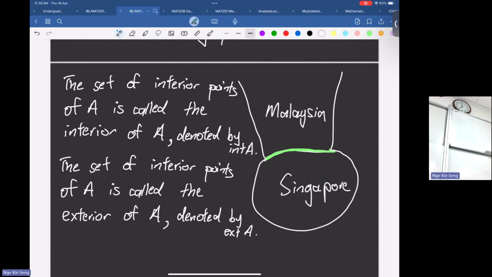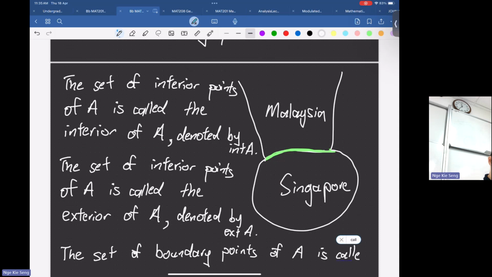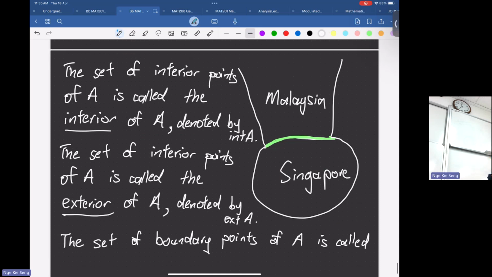And the set of boundary points we will call the boundary of A. The boundary points of A form the boundary.